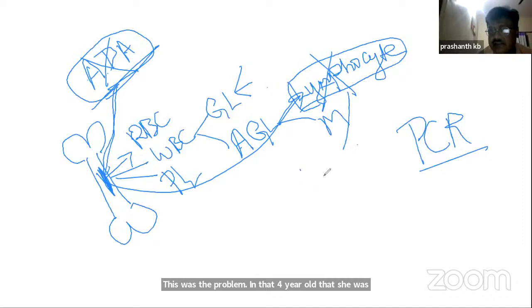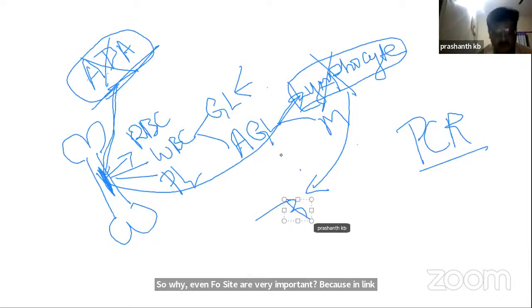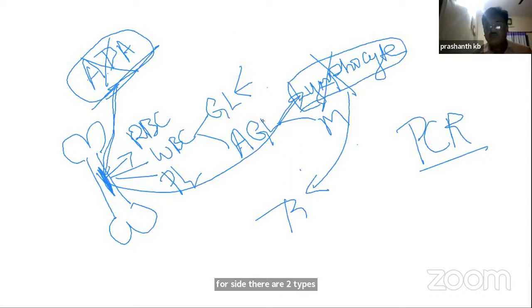Sir, why are lymphocytes very important? Because there are 2 types of lymphocyte. B lymphocyte, as in human health and disease, immunity. You have studied B lymphocyte.